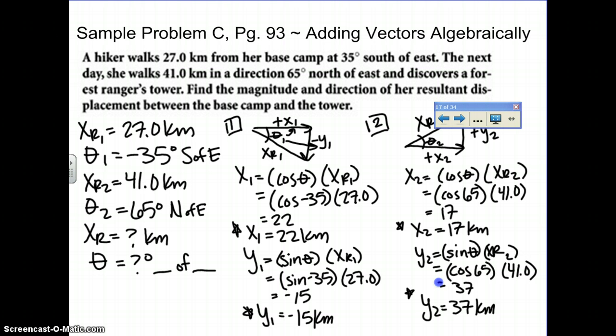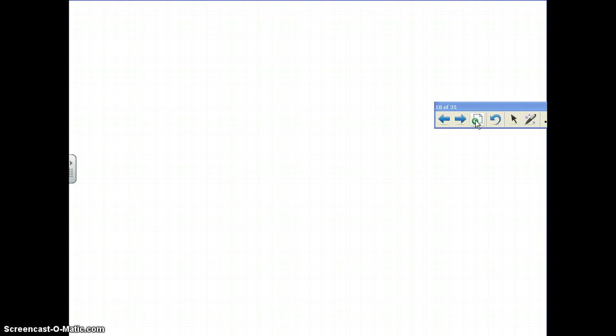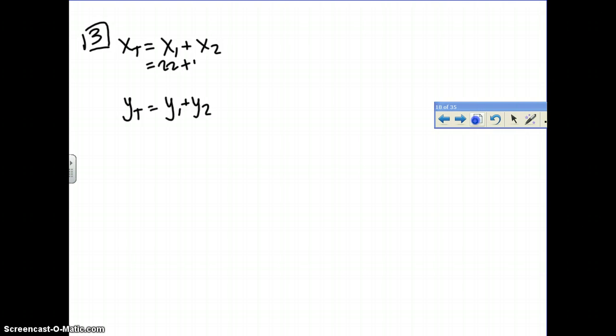Okay, so now we need to insert a new page here, and let's move on to step number 3. Step number 3 was get your x total and get your y total. So this is going to be 22 plus 17.